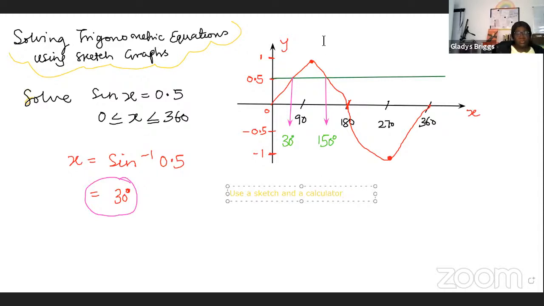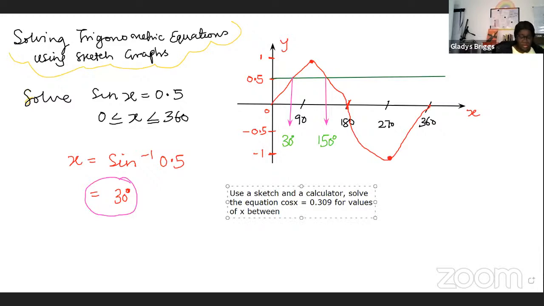Solve the equation cos x is equal to 0.309 for values of x between 0 degrees and 360 degrees.